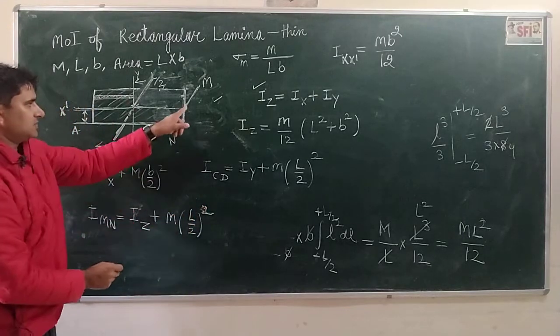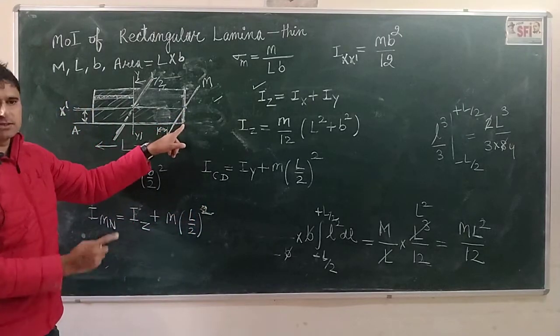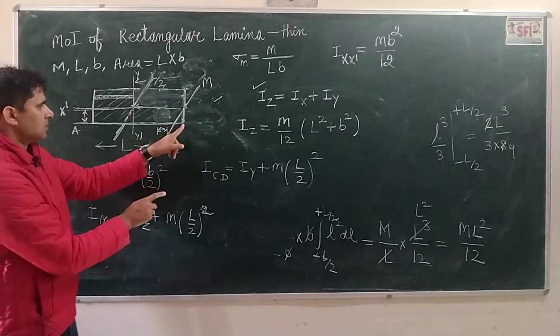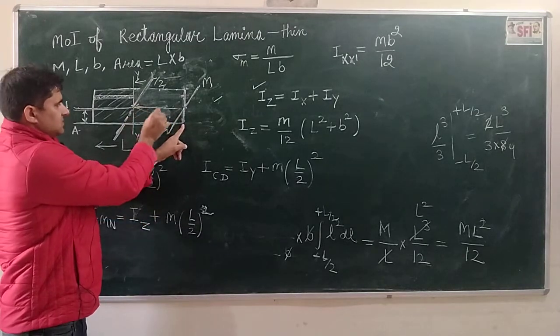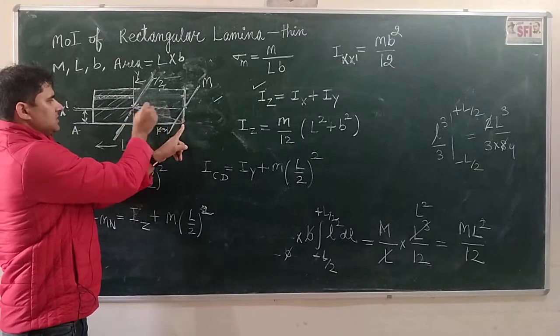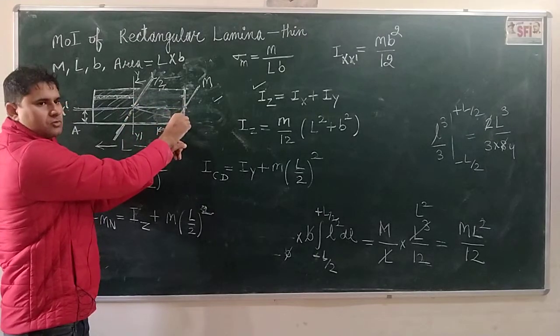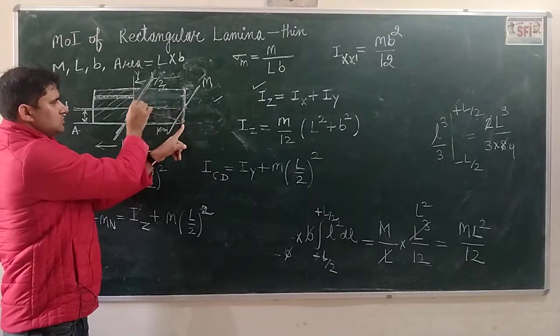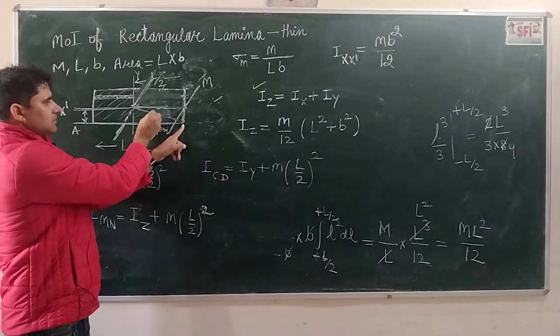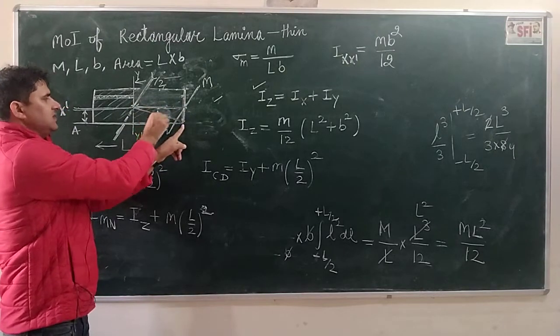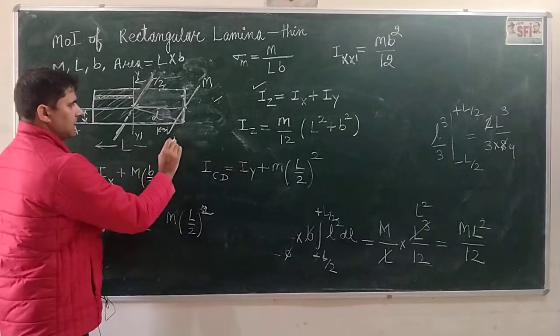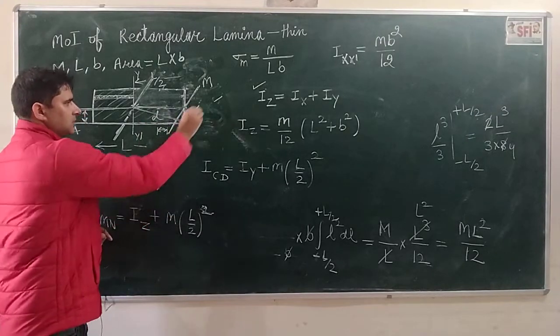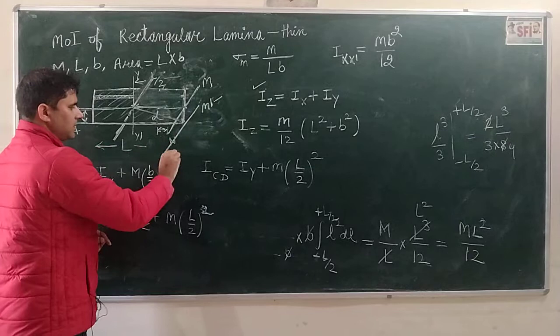Okay, and if this axis is at this corner, then this distance will be, you have to find, this is L by 2 and this is B by 2. So this is the hypotenuse in this triangle. Let this distance be D. Okay, let me take one more axis, M dash N dash.